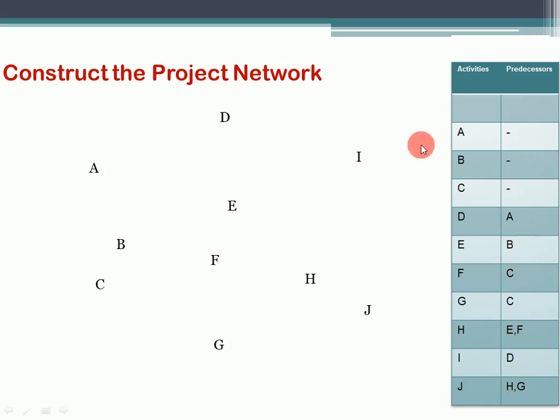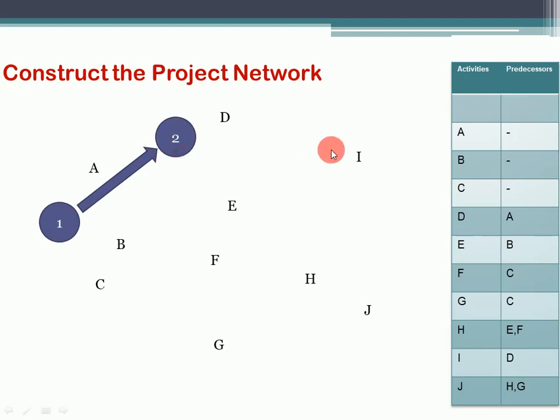Let's start. You are now aware that for each and every activity we need two nodes, a start node and an end node. So we need one node to start the activities, and that will be our node 1, like this. From here we will start activity A, because A has no predecessor. A has 1 as its start node, and node 2 as its end node.